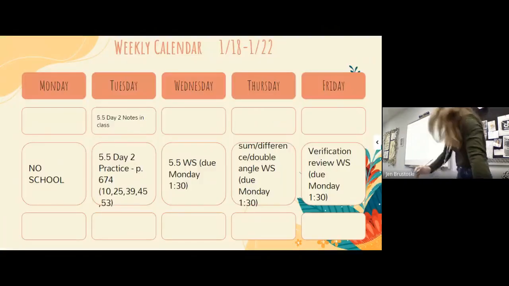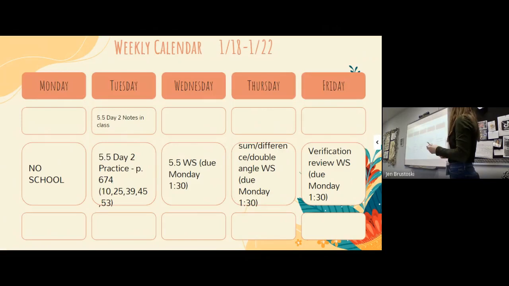Your homework tonight is page 674, 10, 25, 39, 45, and 53. We're going to save 73 for a warm-up tomorrow morning. So go ahead, get started on the assignment. Let me know if you have any questions.